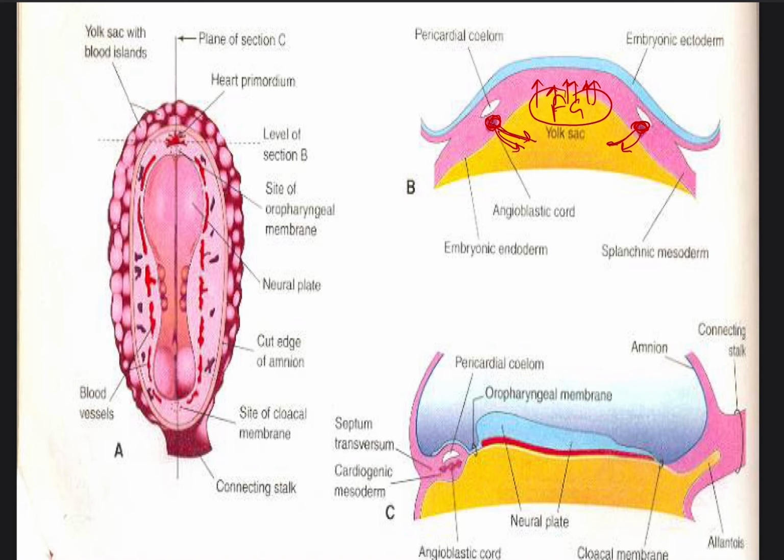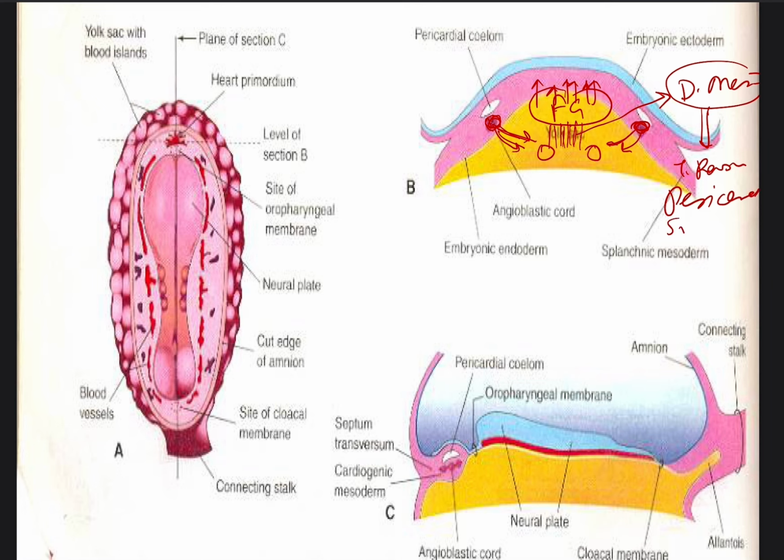And in the starting, when these two heart tubes come closer, foregut is connected to this heart tube posteriorly via dorsal mesocardium.